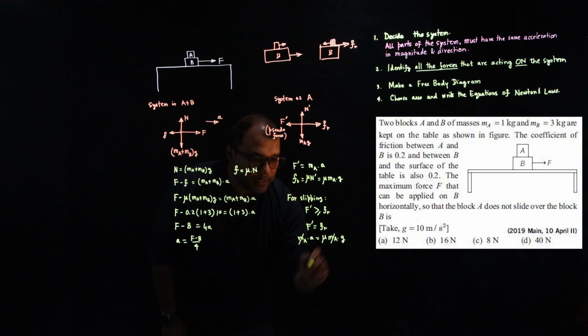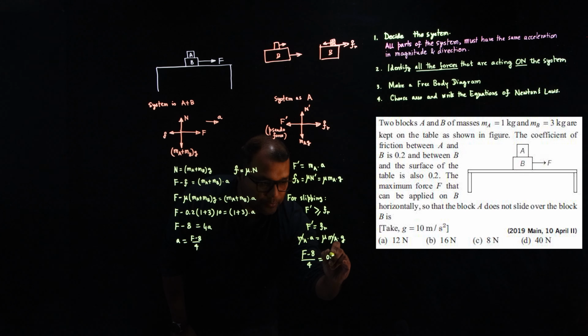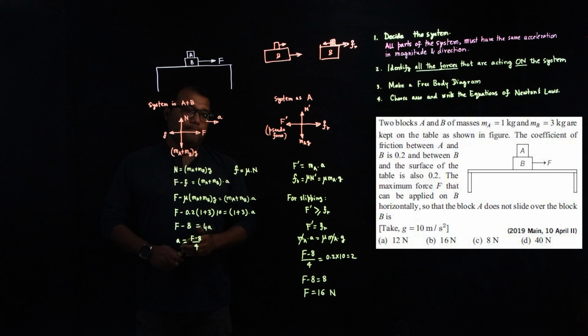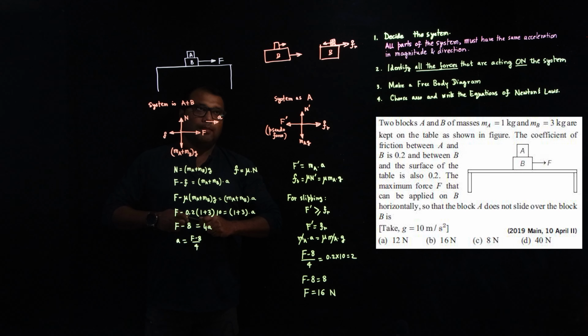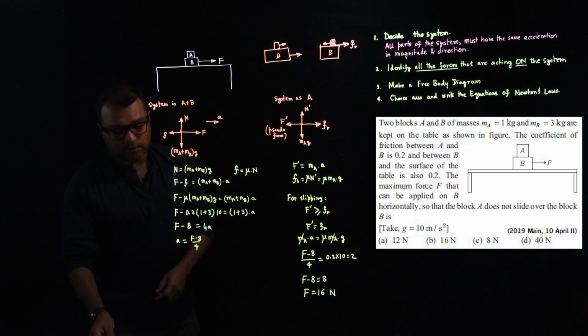We can cancel out MA. Now we have (F minus 8) divided by 4, and this is 0.2 times 10 or 2. So F minus 8 becomes 4 times 2, which is 8, or F is 16 Newton. Okay, so that is the answer.